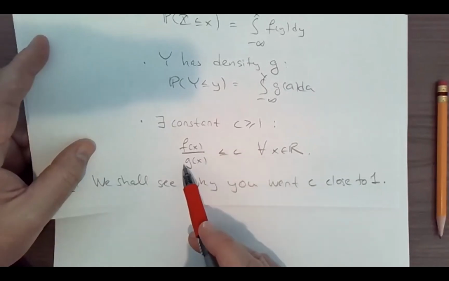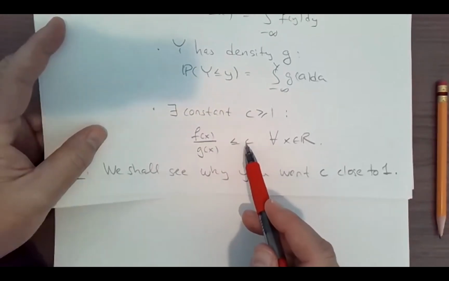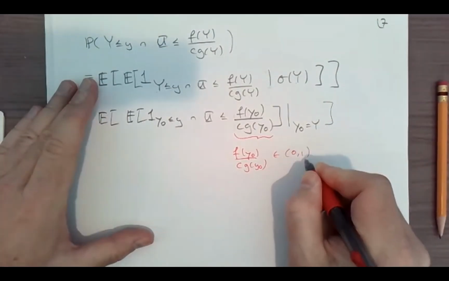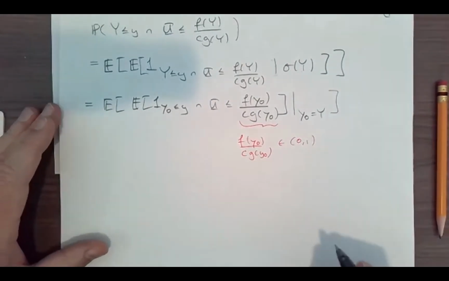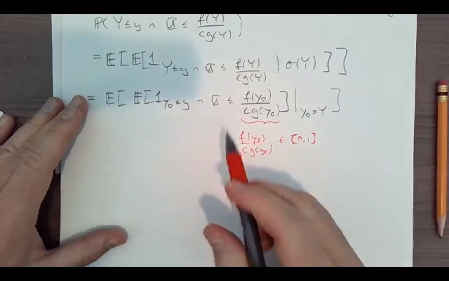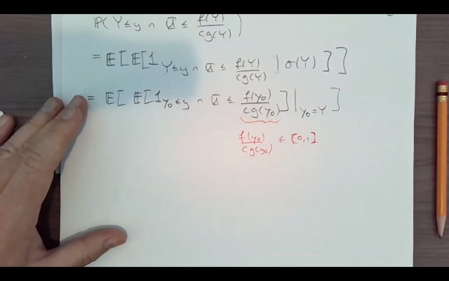So when I divide c over on the other side, I'm going to get something here that's less than 1. So this here is a number between 0 and 1. So U less than or equal to a number between 0 and 1, I'll use that U is uniform.